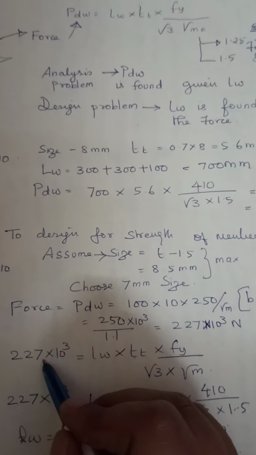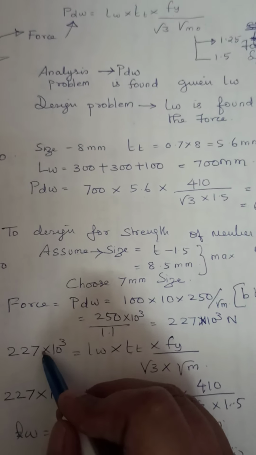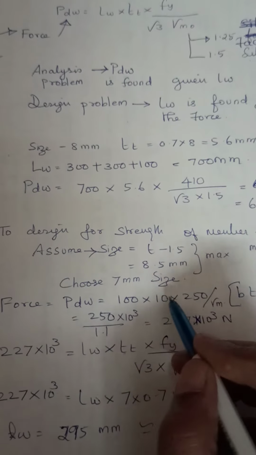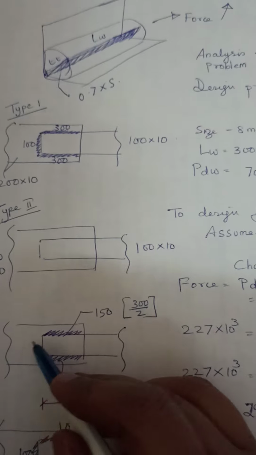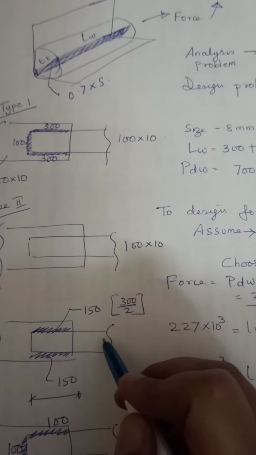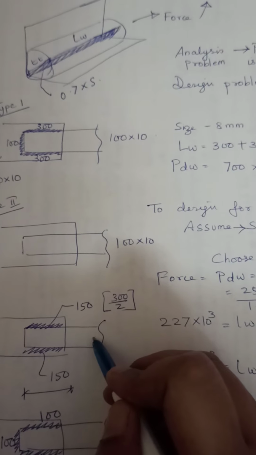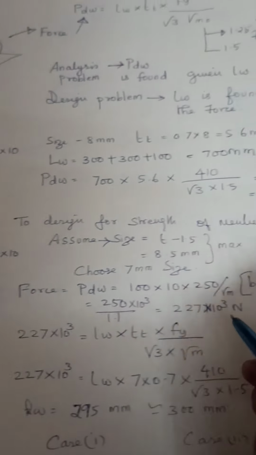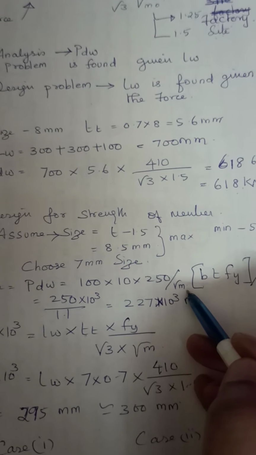The left hand side value, the strength of the weld, is to be given in the design problem. If not given, we can find it for the plate. If we have two plates here, 200 by 10 and 100 by 10, take the plate area of the lower thickness, lesser dimension plate, 100 by t, 100 by 10 into 250 divided by gamma.